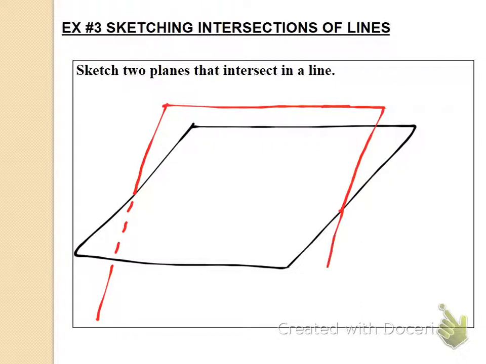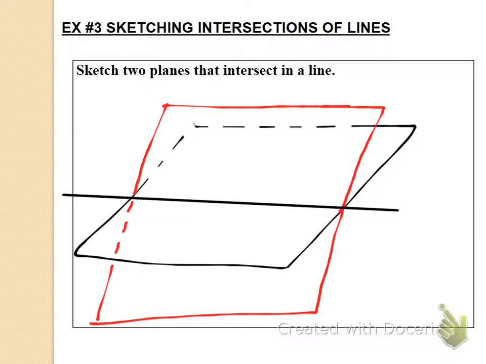You'd be able to see every part of this, but if you were to do that, you would not be able to see this part of the first plane, so I'm going to erase some of it to try to create that three-dimensional type situation. And planes intersect at a line, so you'd want to include your line here with your arrows and then label them.